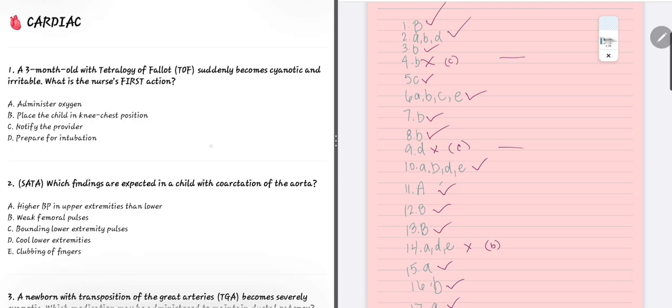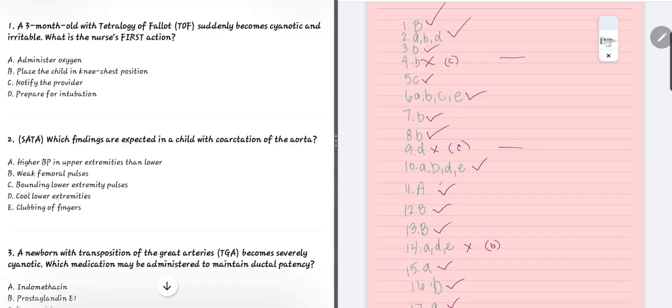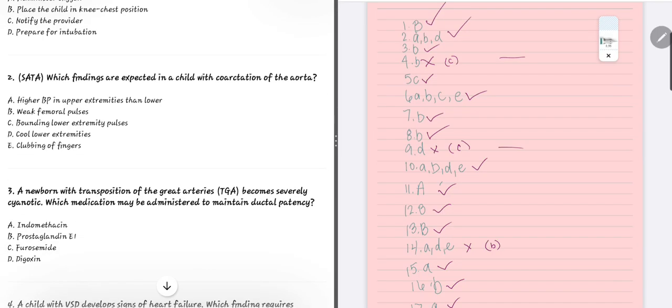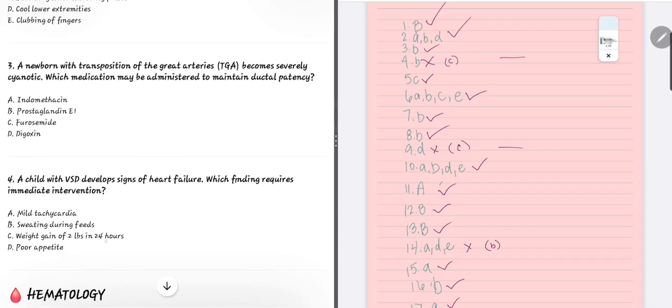Okay, so 1 is B. Place the child on his chest, yeah. 2 is A, B, D. Okay. 3 is B, prostaglandins. 4 is C, weight gain of 2 pounds in 24 hours.